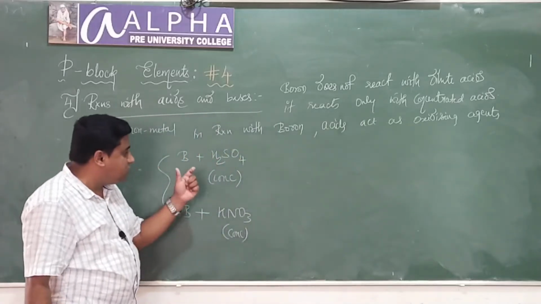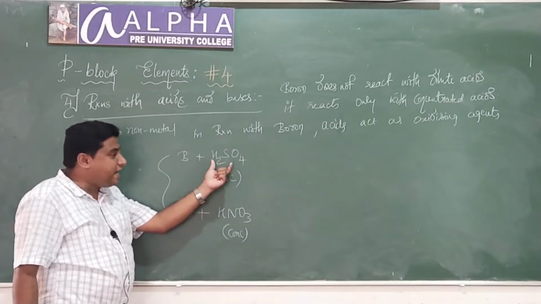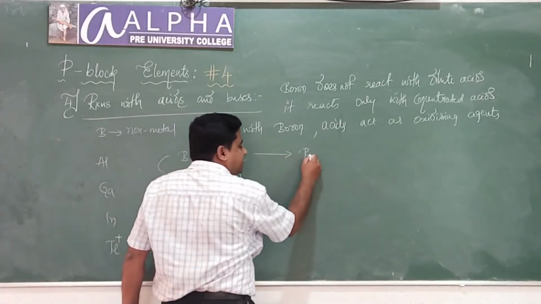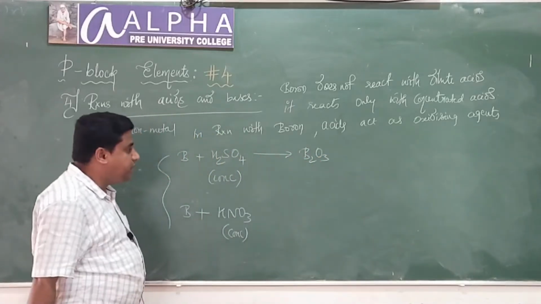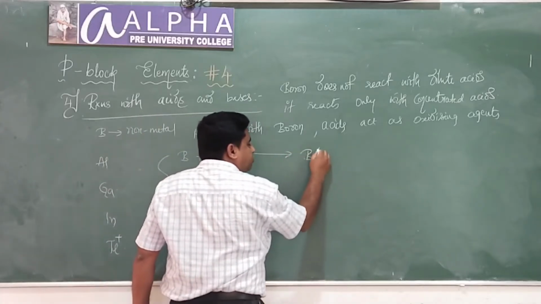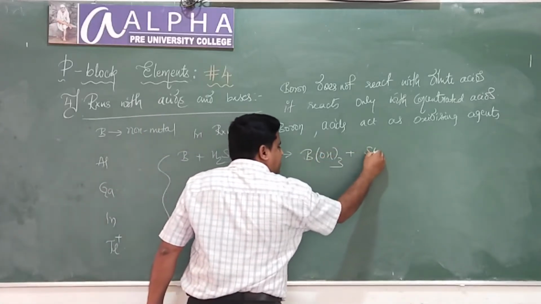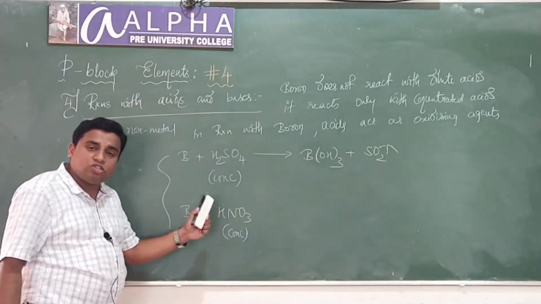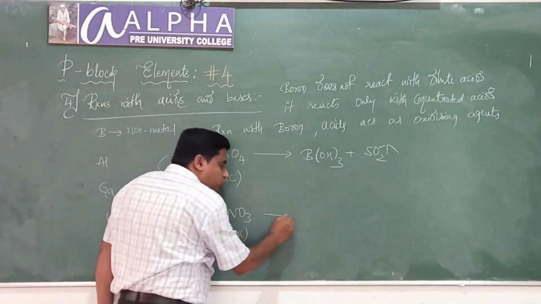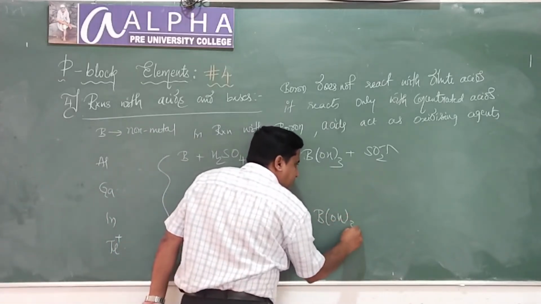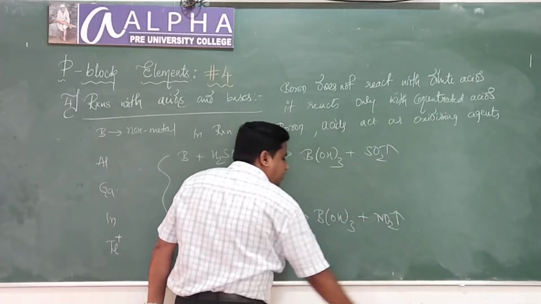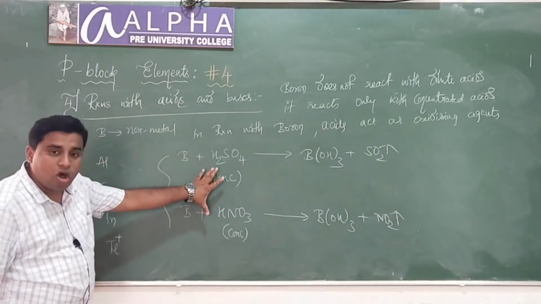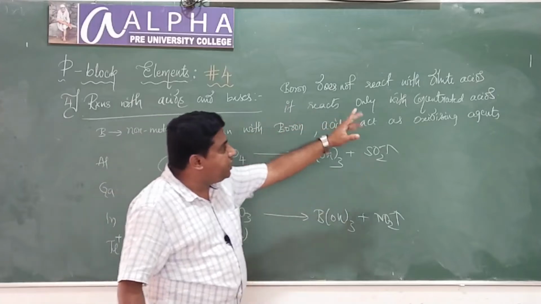That means concentrated sulfuric acid will act as an oxidizing agent. It will oxidize boron to boric acid, B(OH)3, and it liberates sulfur dioxide gas. Nitric acid will also act as an oxidizing agent. It will oxidize boron to boric acid, and it liberates which gas? Nitrogen dioxide gas.